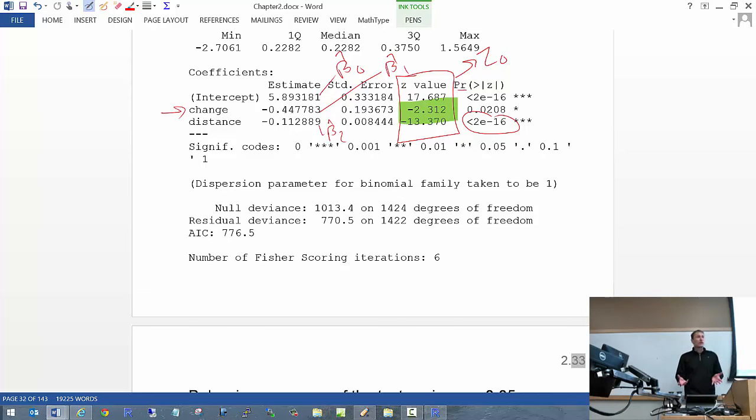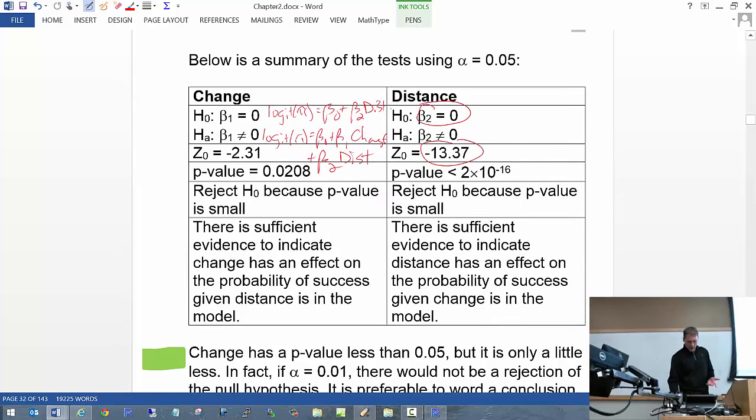So this represents 2 to the negative 16th power, which is obviously a number that's extremely small, close to 0. So the p-value is actually something less than that. That's why I wrote the p-value like that: 2 times 10 to the negative 16th power. So I would reject H0. Yes, there is strong evidence that distance has an effect on the probability of success.